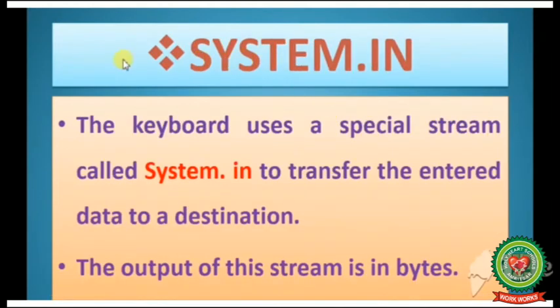Now we will discuss what is System.in. The keyboard uses a special stream called System.in to transfer the entered data to a destination. The output of this stream is in bytes, means whatever data you have entered from the keyboard, it changes into bytes, that is 0 and 1.